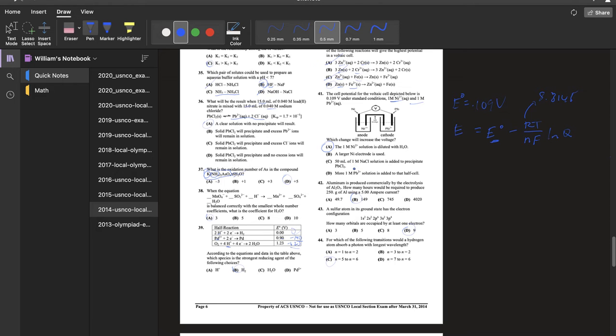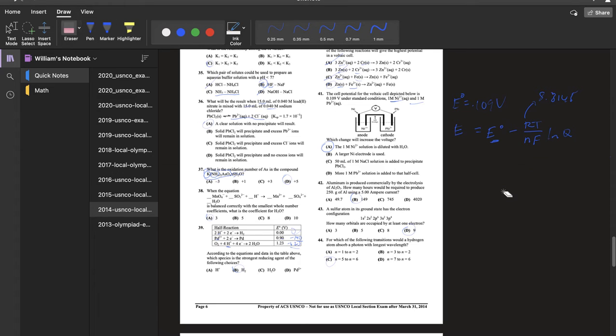N is how many moles of substance you have. And then F is Faraday's constant. I think for USNCO they want you to use 96,500. More accurately, it's like 96,485, and that would be coulombs per mole of electrons.